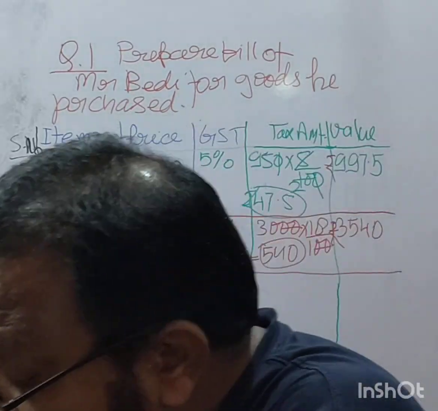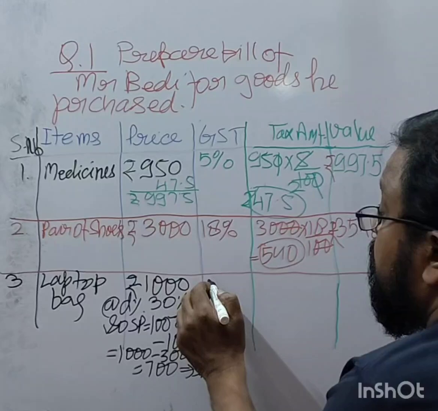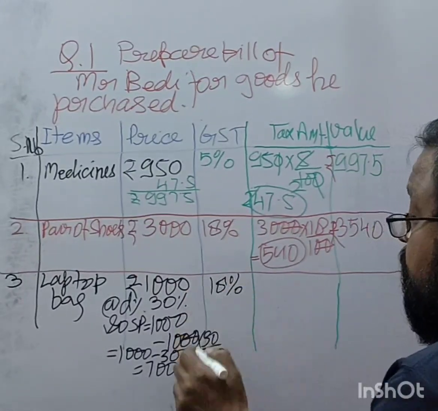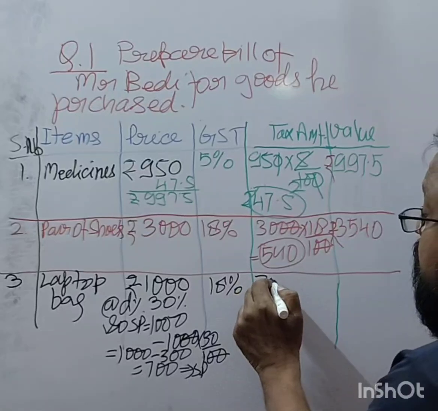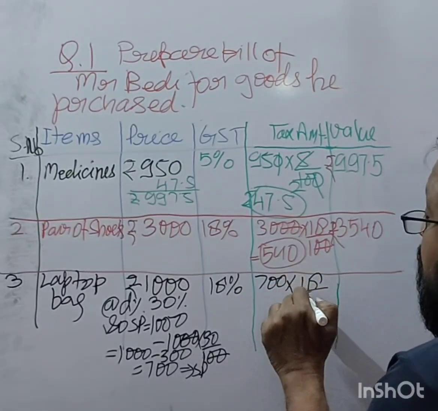So GST is 18%. 18% GST is there. So 700 into 18 upon 100.